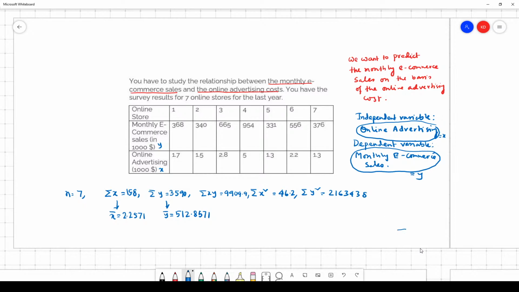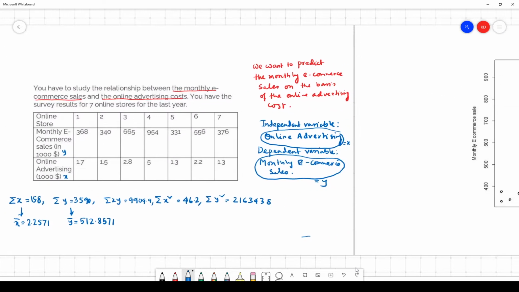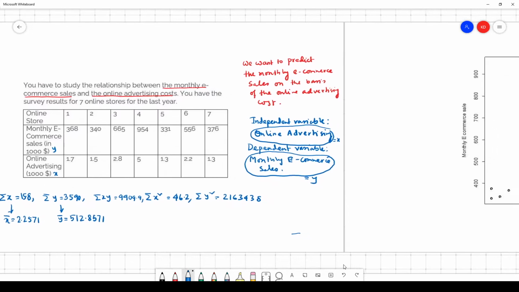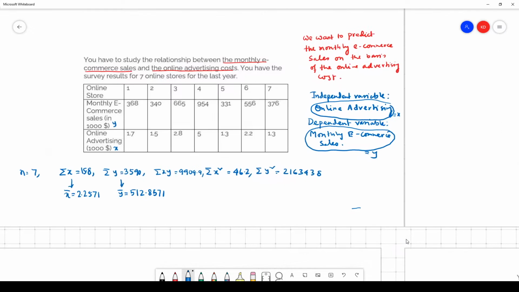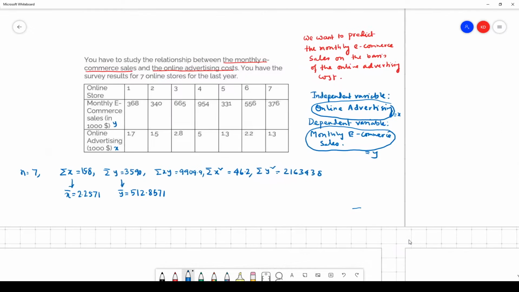And now if I plot this, so please tell me. Okay. Okay, thank you, Shashwato. Ronit.